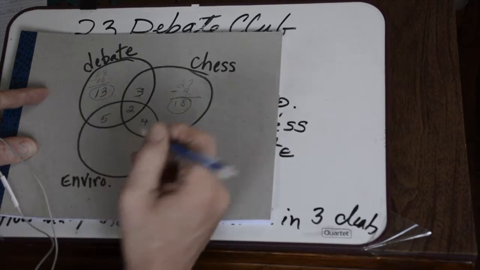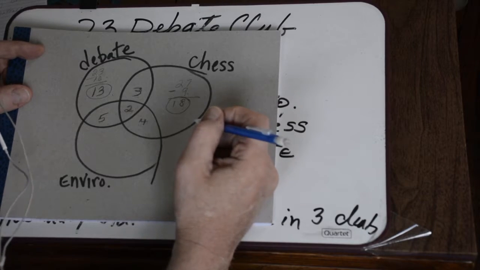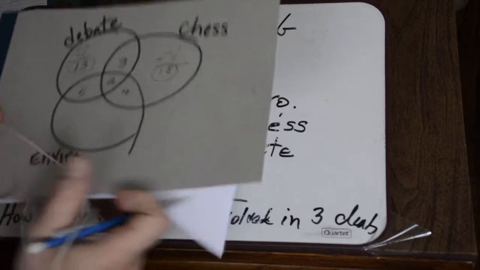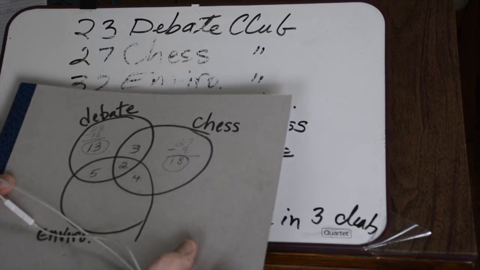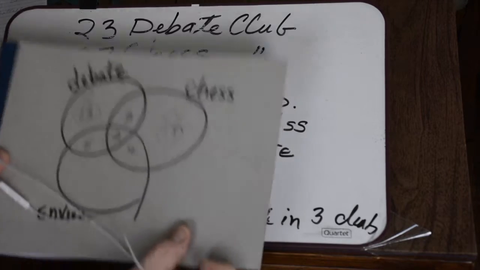And the last thing here is how many people do environmental only. Of all the environmental people, there are 32 of them.